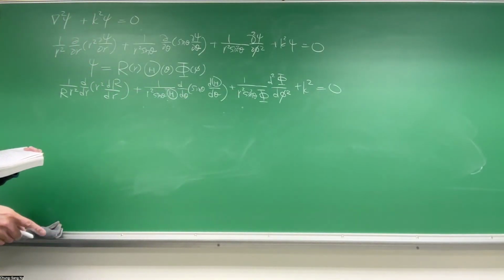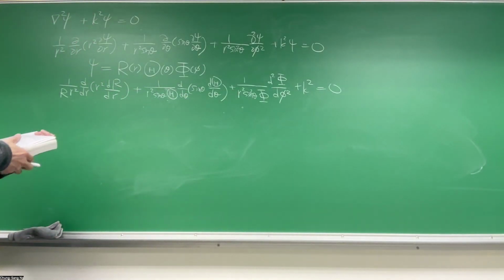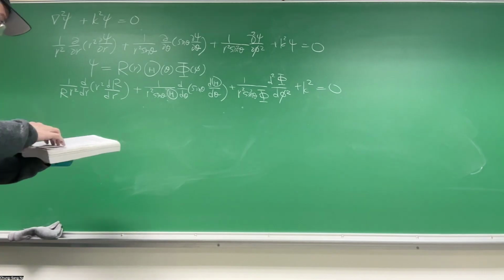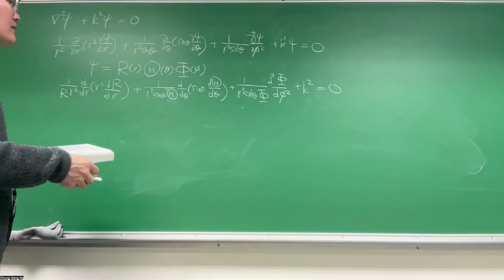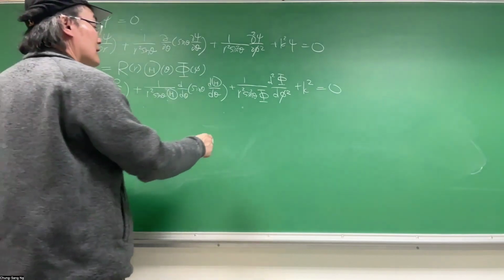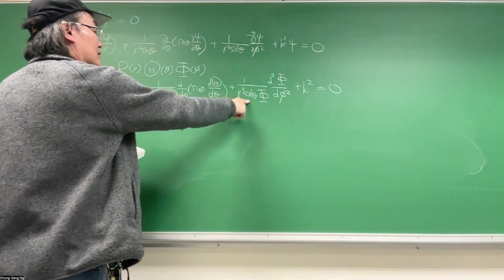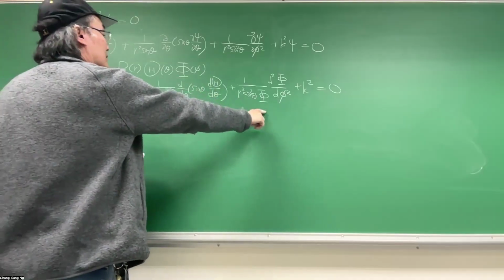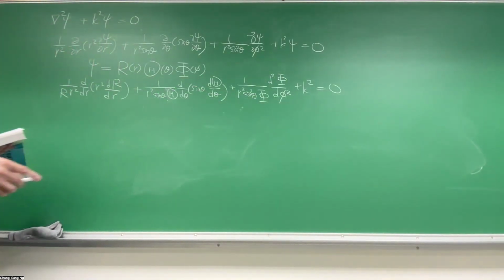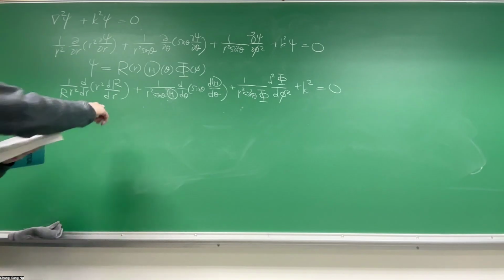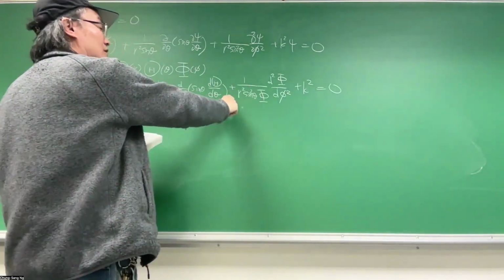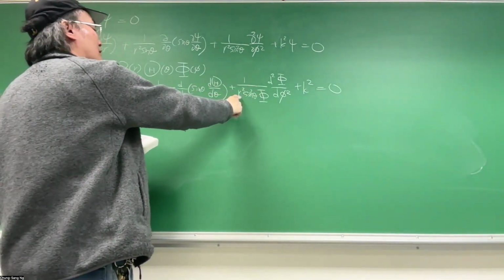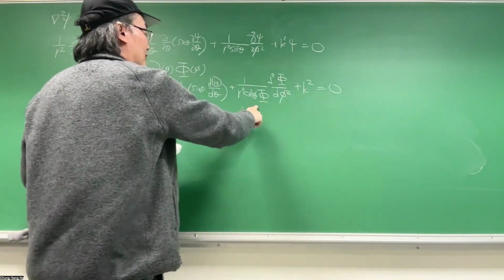But you need to do it step by step again. I think the easiest one to do is multiply by r squared sine squared theta, so that the rest would be a function of phi, right?